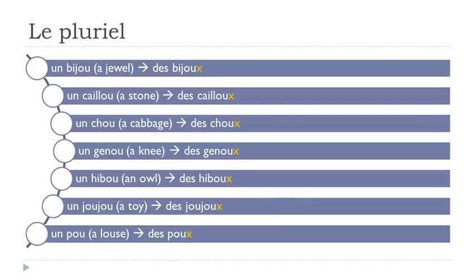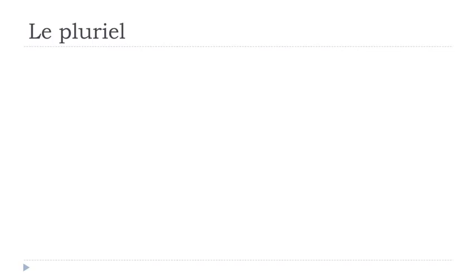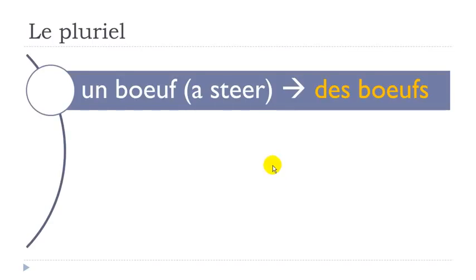But still, as usual, we've got exceptions. A few exceptions, not that many, but these exceptions are really strange, because the pronunciation will change. We'll take this one, un bœuf, and at the plural you just write it like we saw previously, you just add this s, but the pronunciation changes quite a lot, because you get des bœufs.